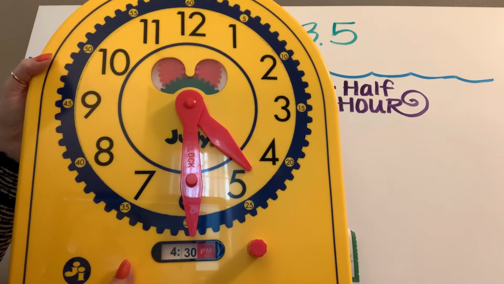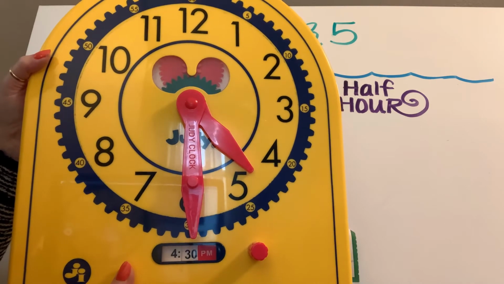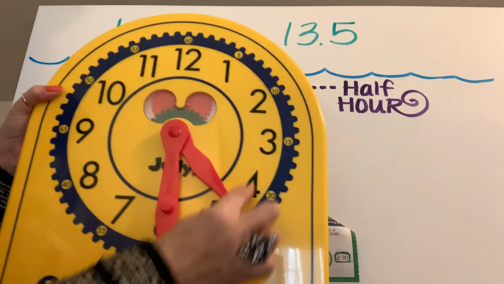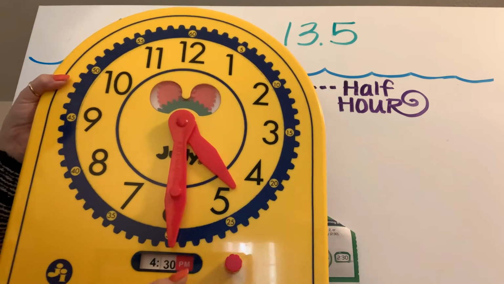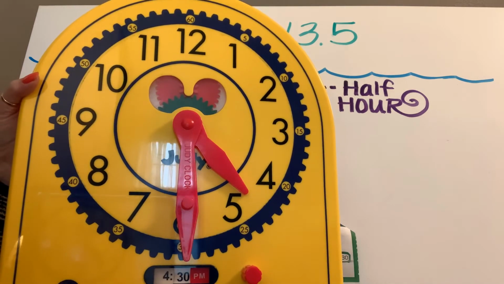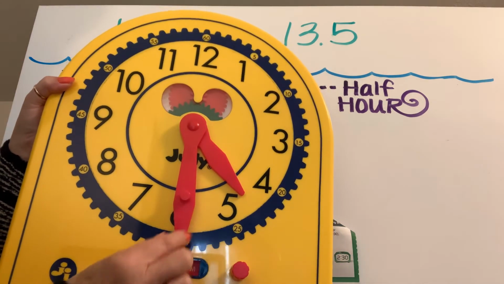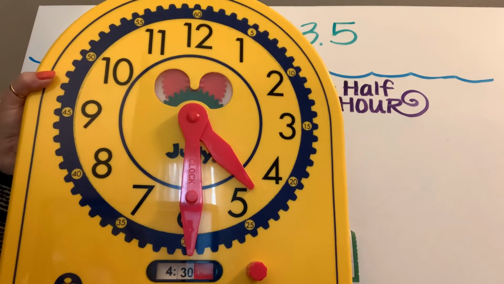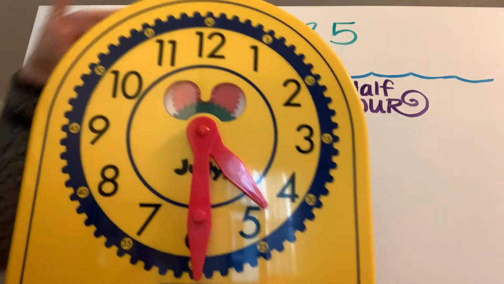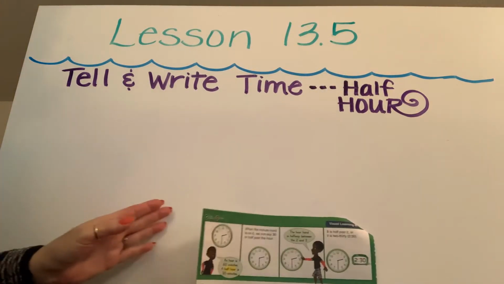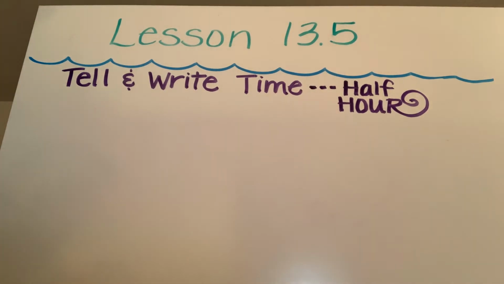He's between the 4 and the 5. And the big hand is on the 6. Between means he still belongs to 4. He's not on 5 yet, so you can't say 5. And what do we say for the minute hand? It must be 4:30. Good job.